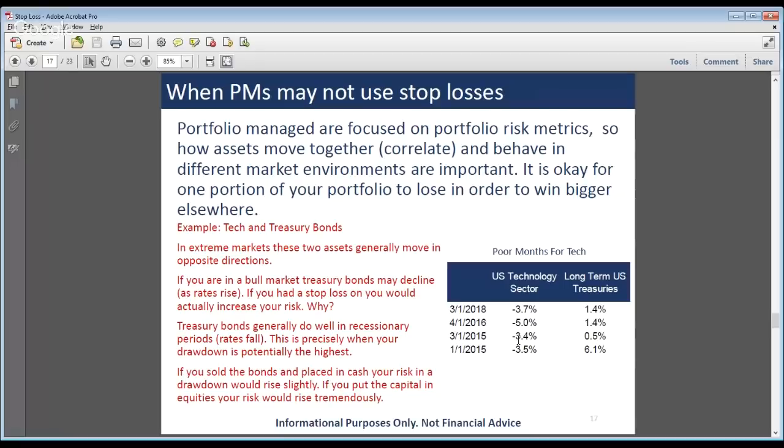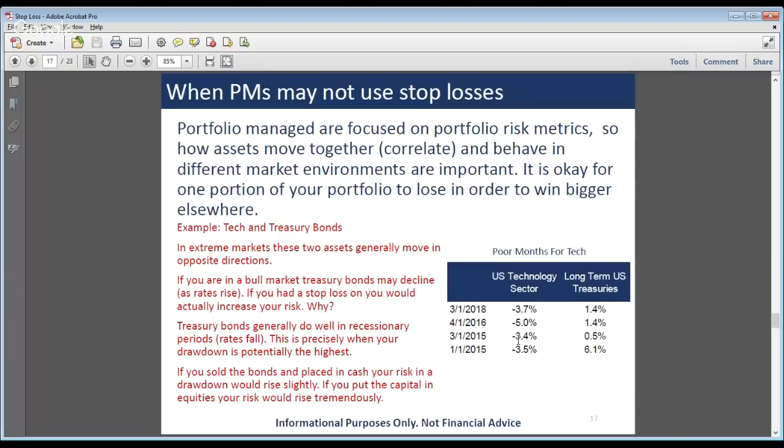It's very important to know, this is almost a central tenet of good portfolio management: it's okay for part of your portfolio to lose in order to win bigger elsewhere, kind of lose the battle to win the war. So keep that in mind. You don't want to stop loss the losing battle to win the war, because that might screw up everything. Here's another decent example.